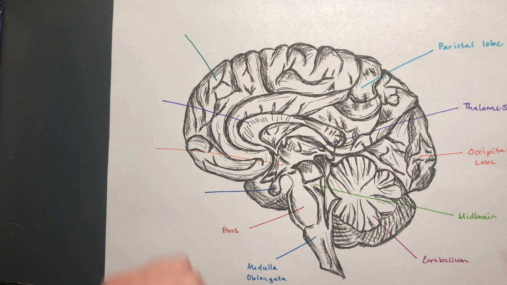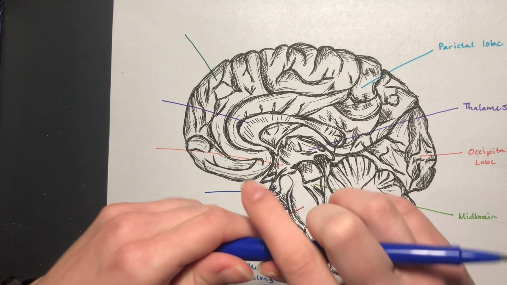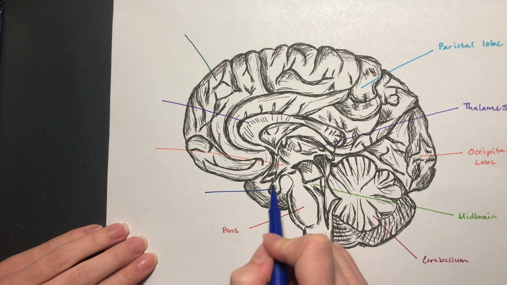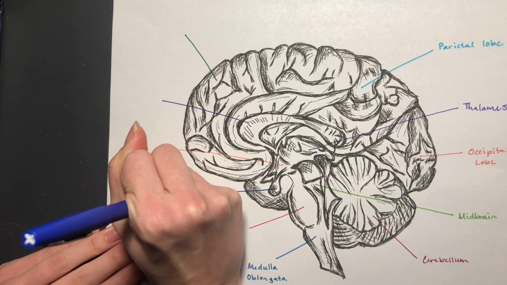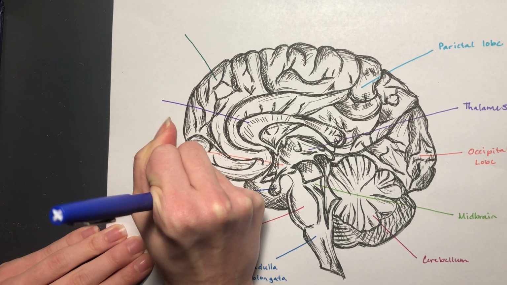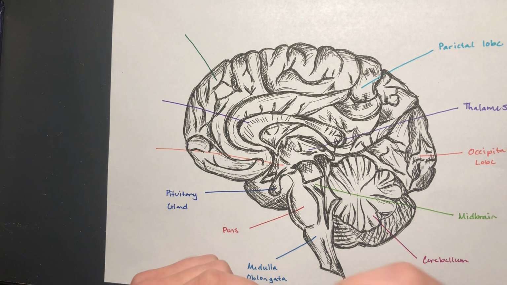One of its many functions is regulating bladder control. Moving on, we have the pituitary gland, which is right here, this small structure. It is responsible for secreting endocrine hormones.